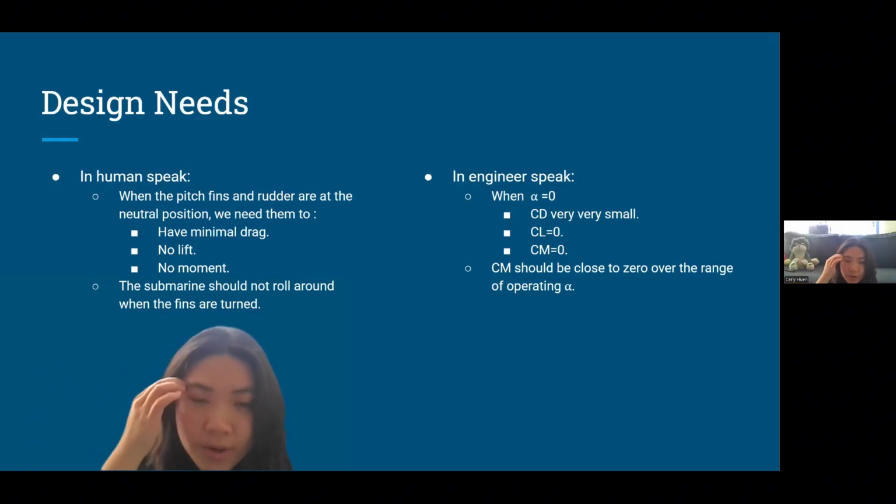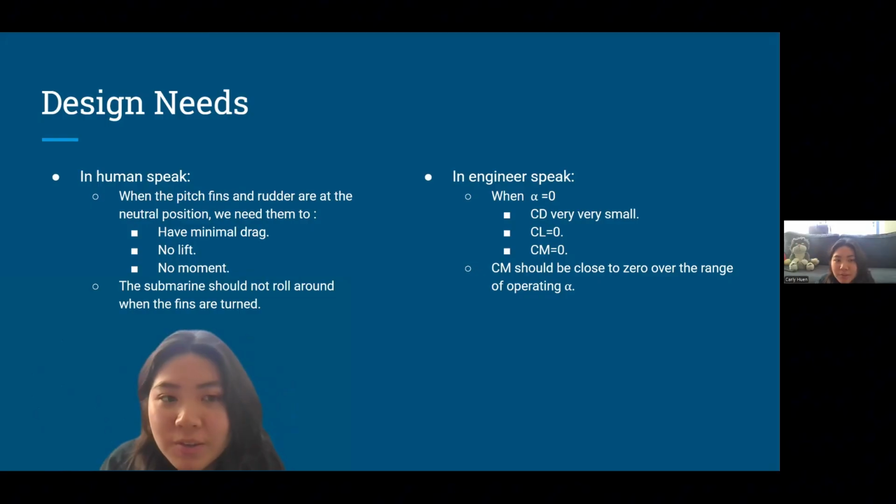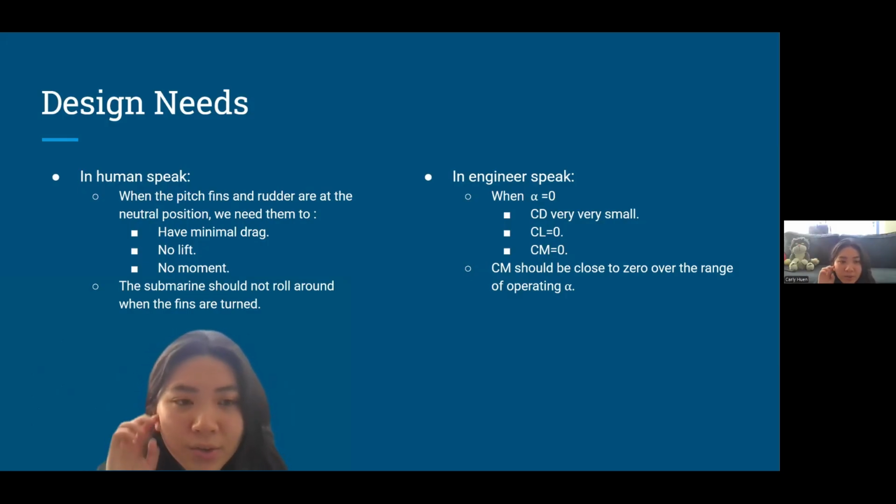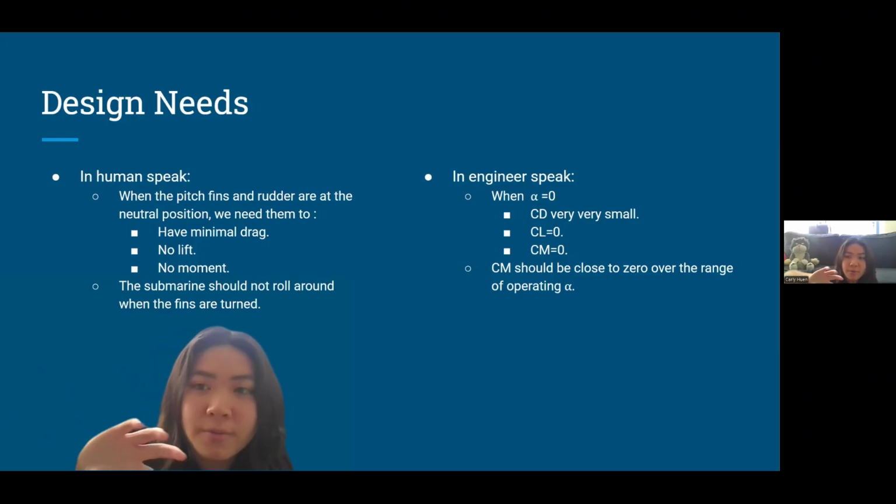Cool. When that happens, you want a few things. You want minimal to no drag. That would be cool, right? No lift, and no moment. By the way, moment is just a fancy general math term for rotation.